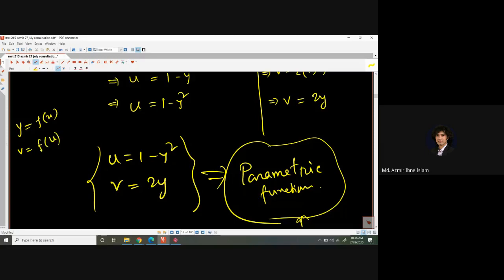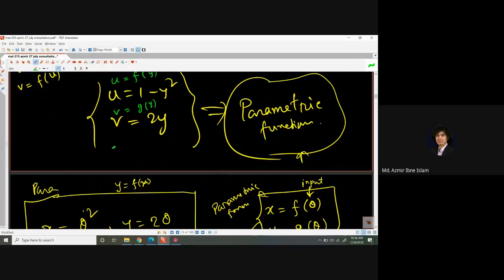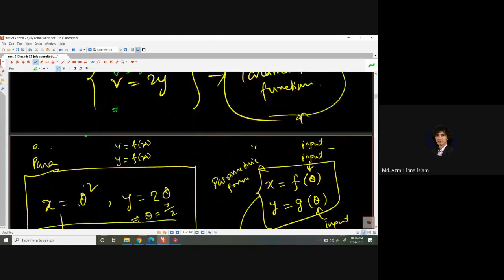So you can see that u is a function of y and v is another function of the same input y. So that's why these two form a parametric equation, parametric function. So from this, we can just find y. Again, let me write the same thing clearly.